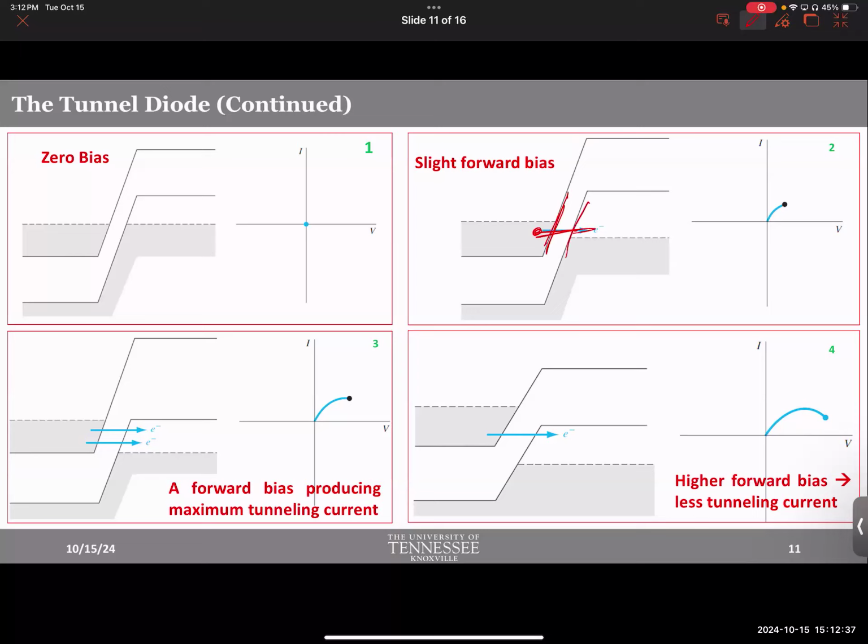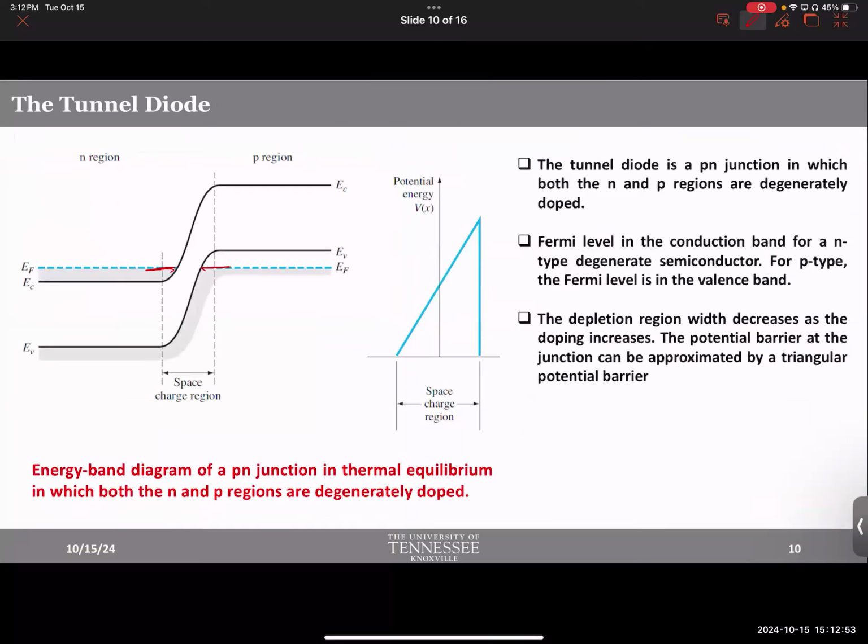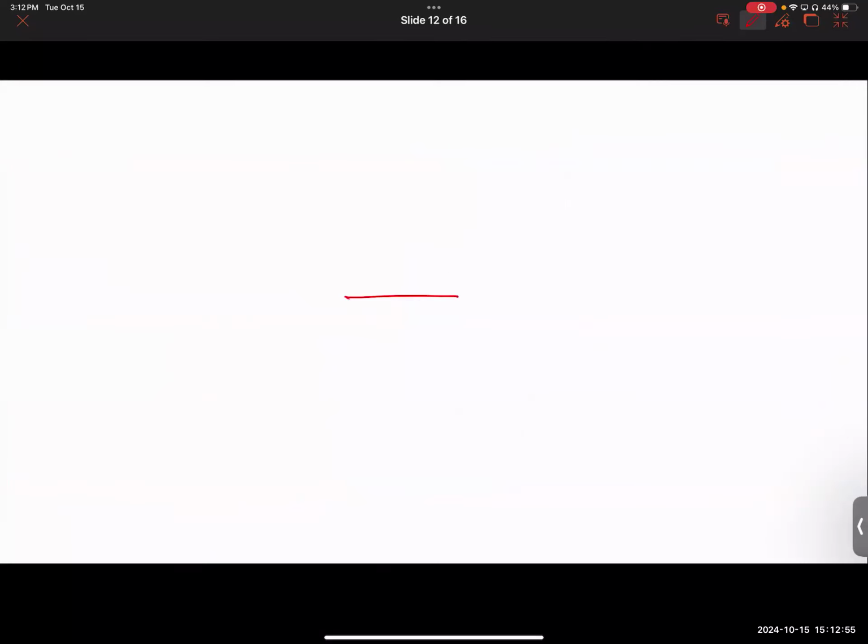Cannot do it. And I told you that the tunneling probability, that's why I had that equation in one of the previous lectures, is exponentially dependent on what? The barrier width. You probably don't remember, do you?